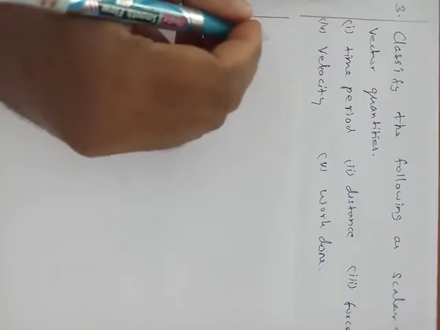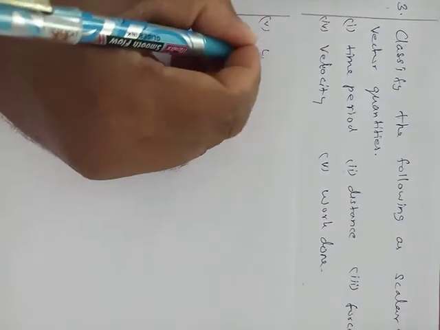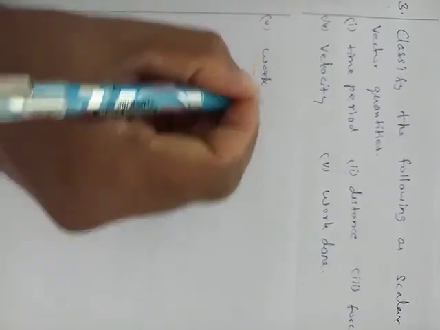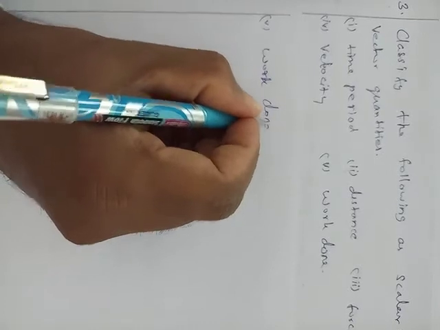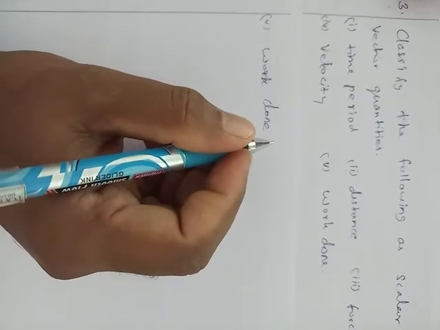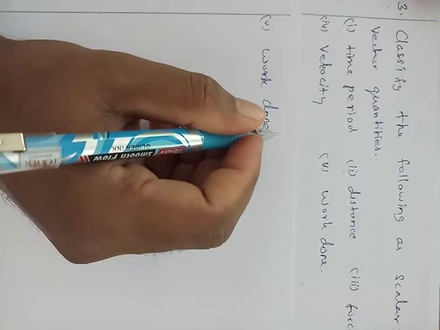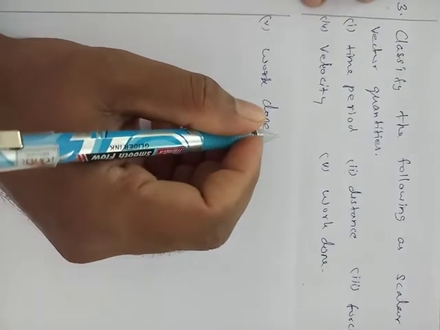Next one, work done. Work is a what quantity? Scalar quantity, but work done is vector quantity.